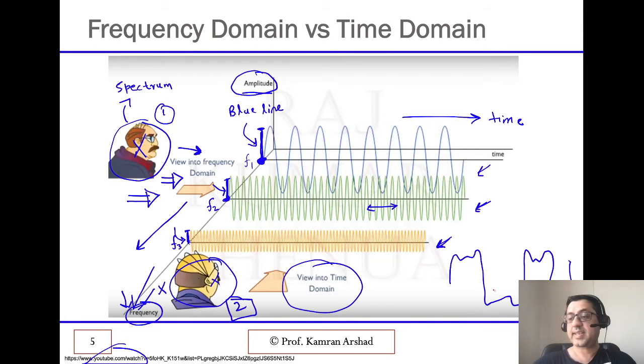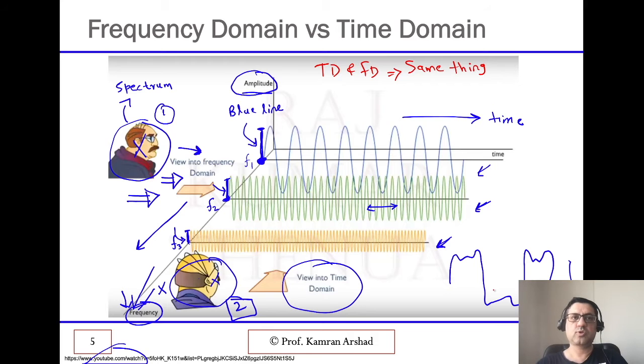This is a very interesting slide, because what it shows us is that the time domain and frequency domain are the same thing. There is no difference between them. Keep in mind that the only difference is at what angle you are looking at it.